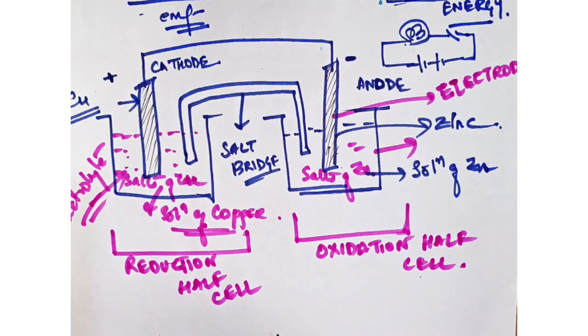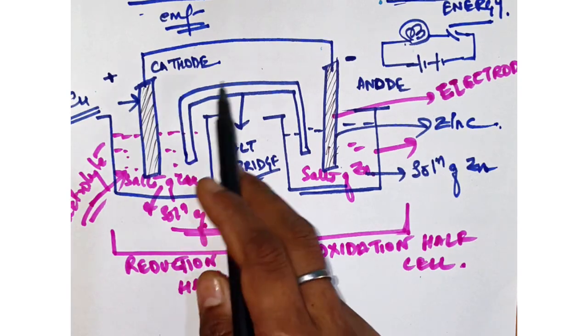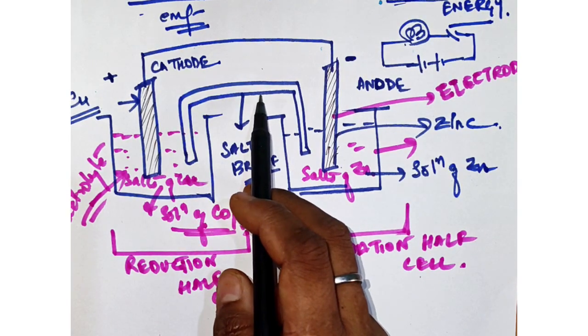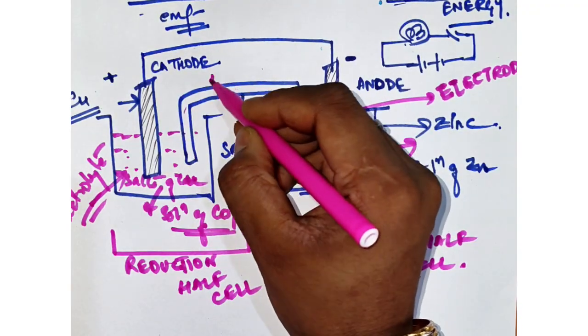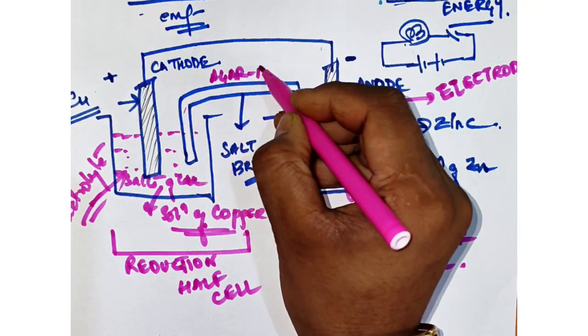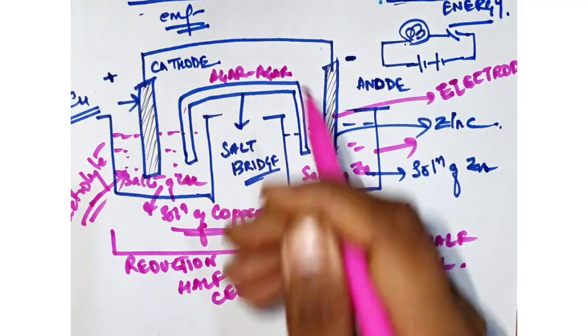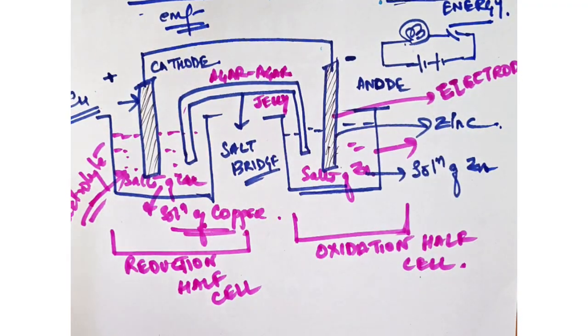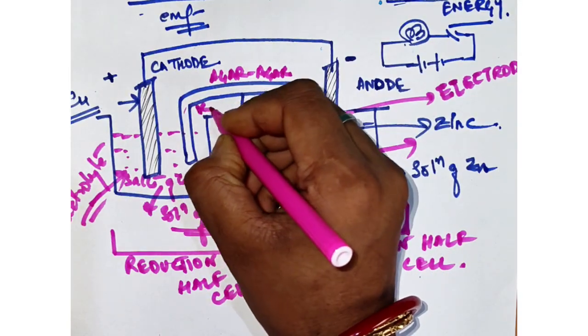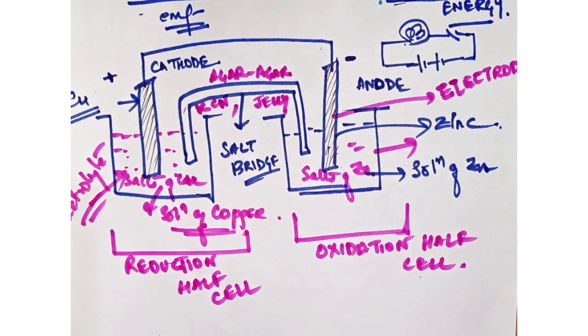See, here the solutions in these two components are connected through an inverted U-shaped tube, and that inverted tube contains agar-agar jelly and an electrolyte such as KCl, then KNO3 and NH4NO3.